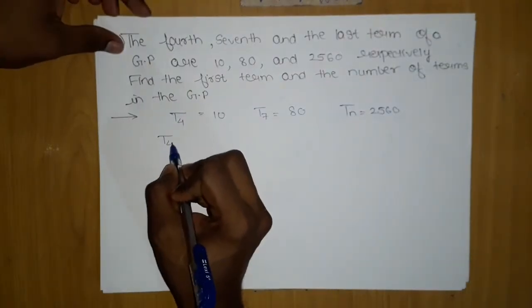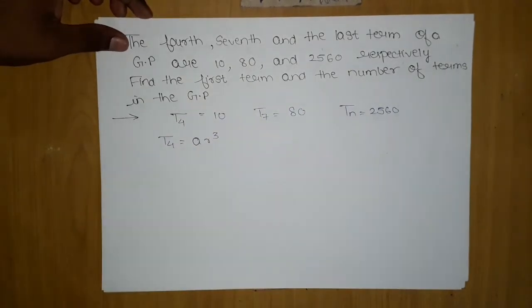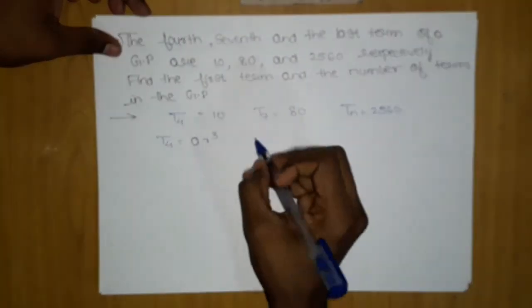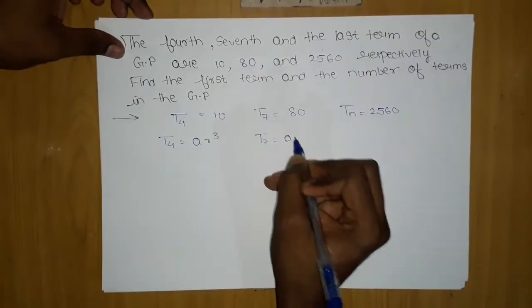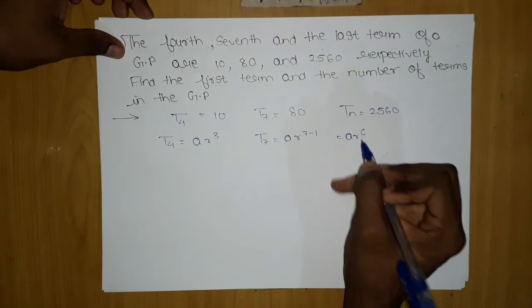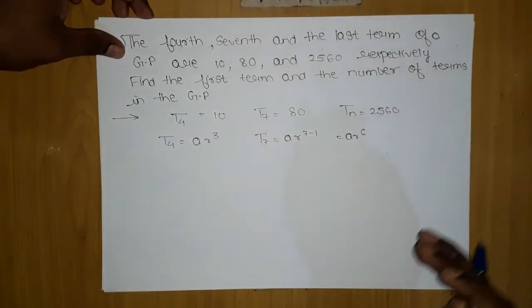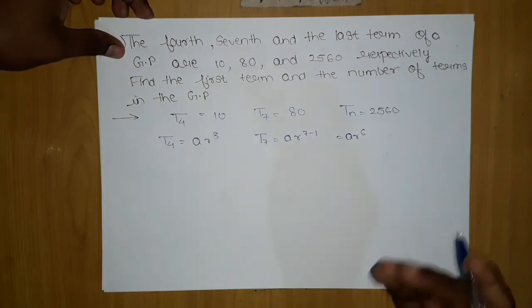Now T4 is what? T4 is ar to the power n minus 1, so 4 minus 1 is 3, ar cube. Now let me do this in the same process: 7 minus 1, then I can write ar to the power 6. Just remember that if you take any term, the power of r is just 1 less than the term number. It will make your calculation easy.